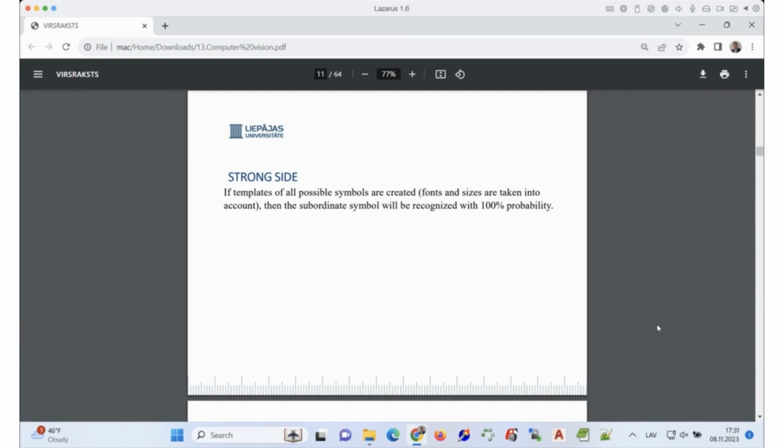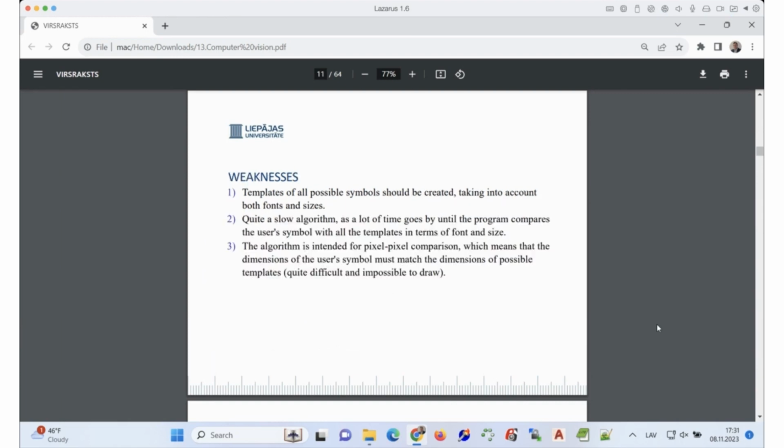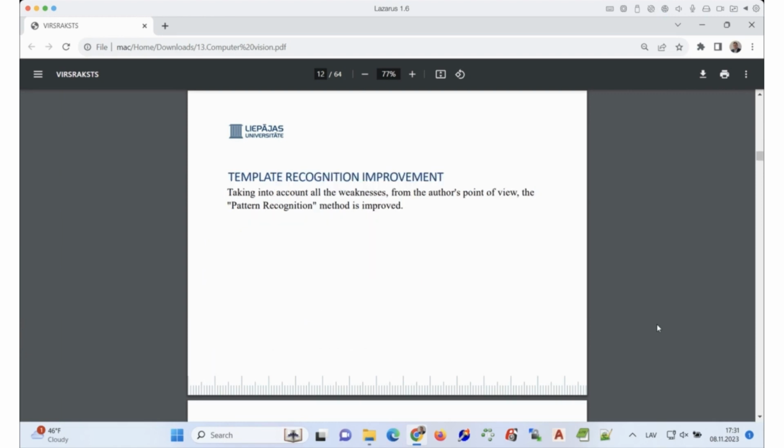But on the other side, the weaknesses are related to the enormous time consumption of going through all of the images and going pixel by pixel, which is the critical point for this method.